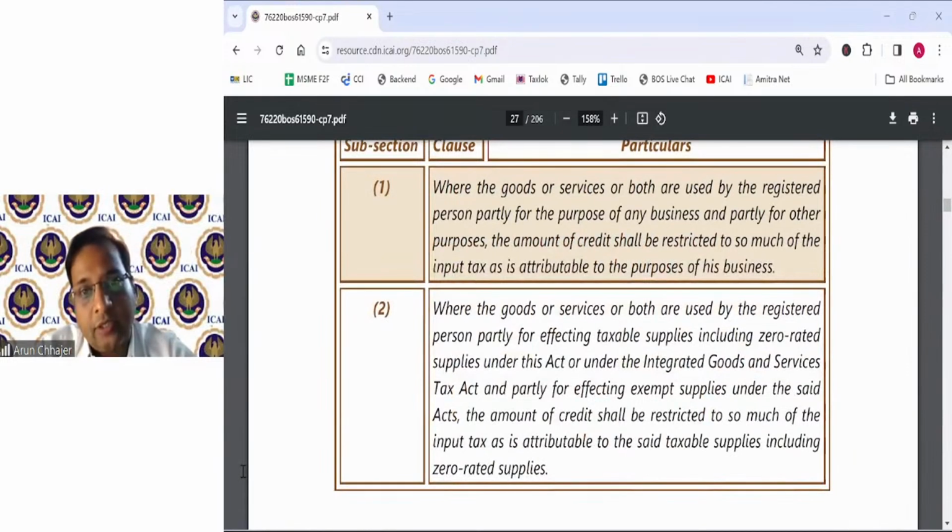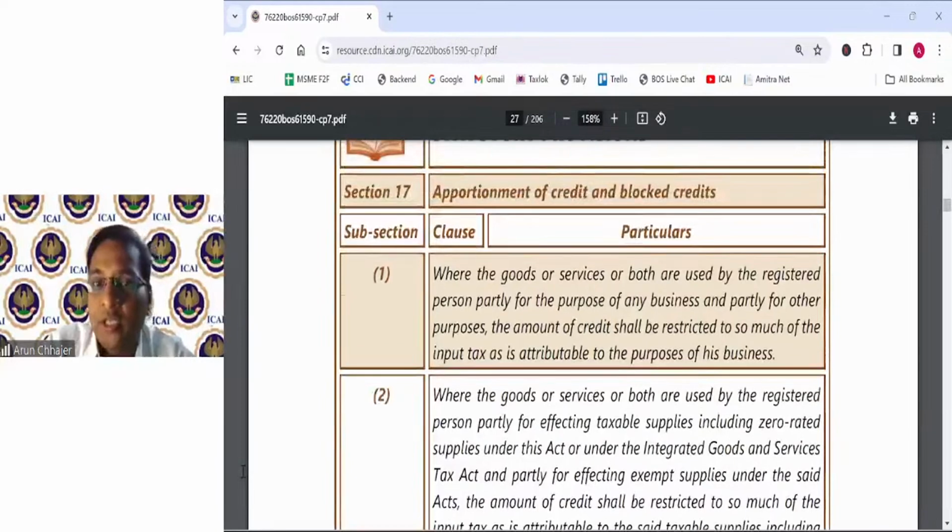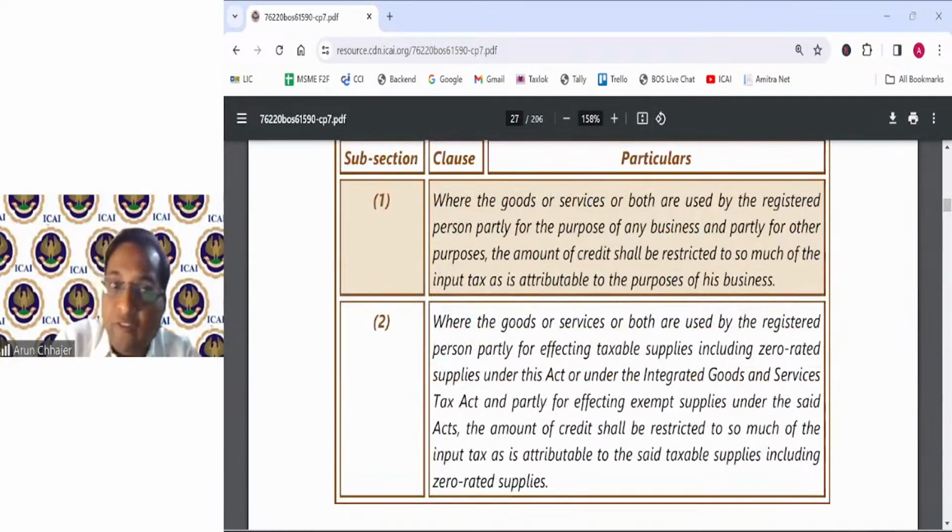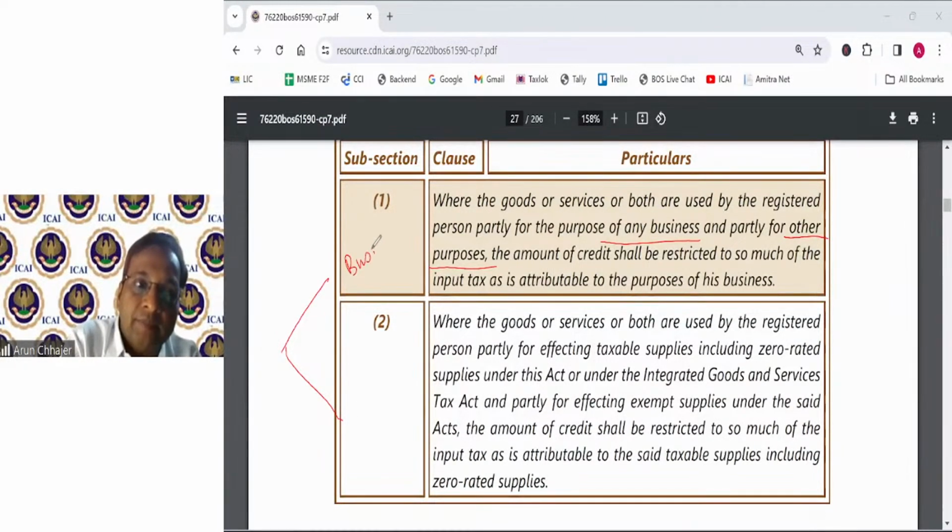Where the goods or services or both are used by the registered person partly for business and partly for any other purpose, meaning thereby the use of that input tax credit is partly for business and partly for other.